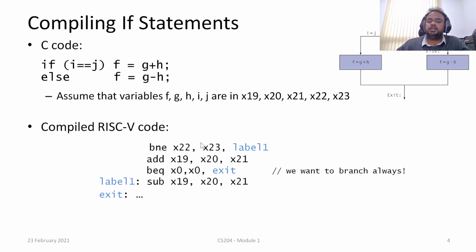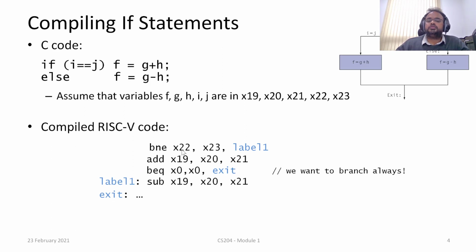If they are not equal, then we jump to an instruction which has label 1. The instruction with label 1 is subtract. We are subtracting g and h, and the result is given to x19, which is f. After that, we have the common path, which is labeled as exit.